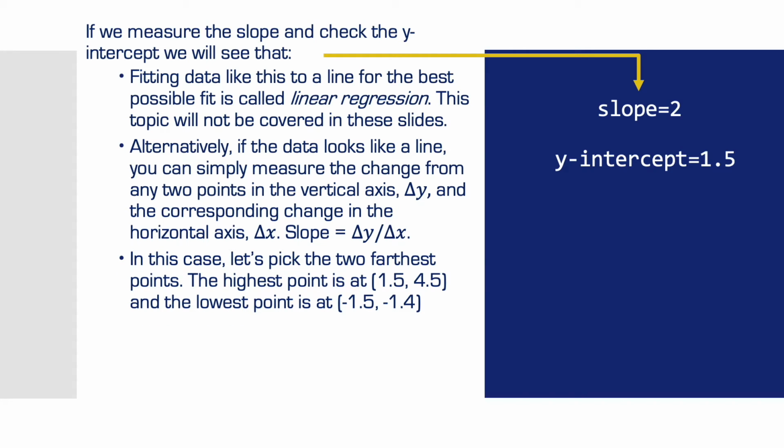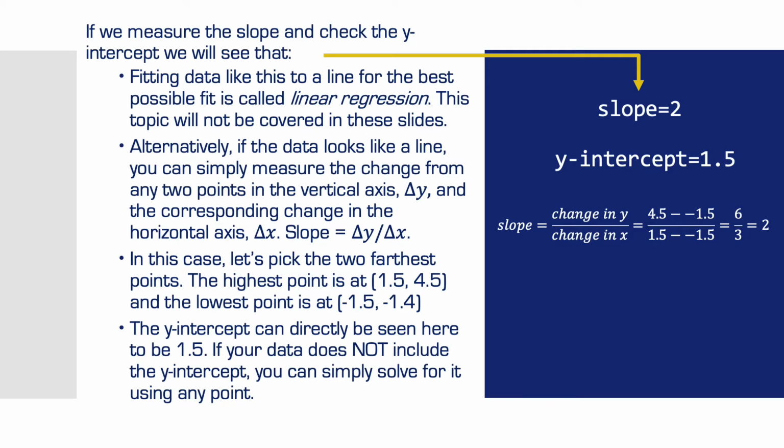The highest point is at 1.5, 4.5, and the lowest point is at negative 1.5, negative 1.4. The y-intercept can directly be seen here to be 1.5. If your data does not include the y-intercept, you can simply solve for it using any point.